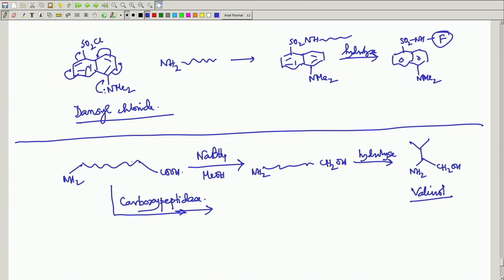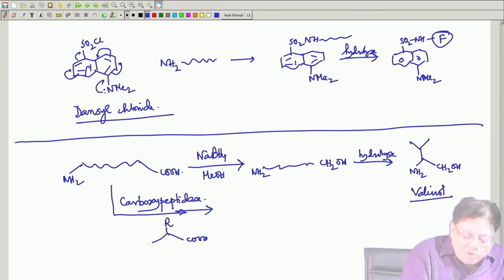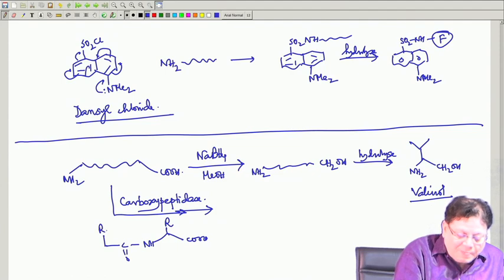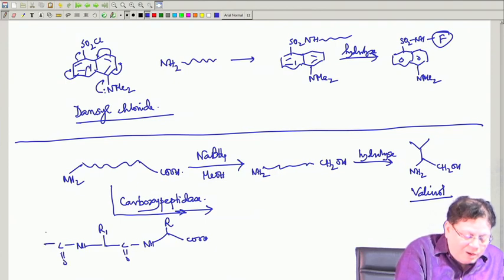That means, at the C-terminus end, you have a CO2H and then you have an R here, and before that you have NH and then CO and then another amino acid R1, and then again NH and CO and then R3, suppose a tripeptide, and it ends up with NH2.